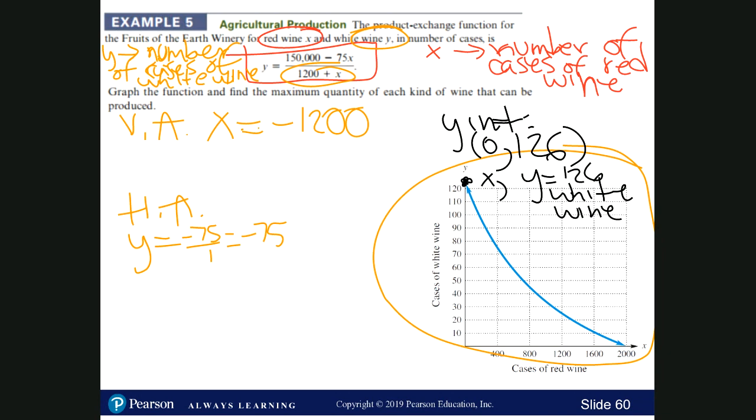Now, according to the same formula, the x-intercept is the point (2000, 0). What that means is that if you were to produce 0 cases of white wine, the maximum will be 2000 cases of red wine.